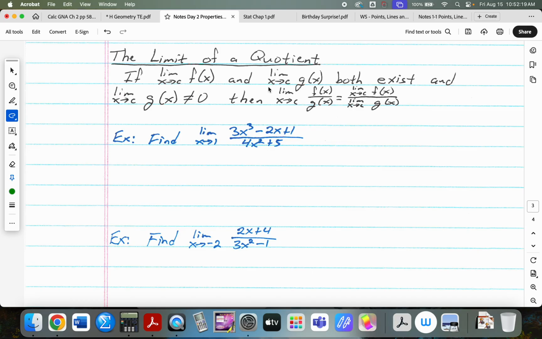So those limits have to exist, and the denominator can't be 0, because the one thing in all of math, when you were a little kid, they told you in some elementary class at some point, you can't divide 5 by 0.